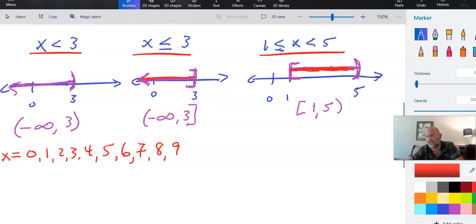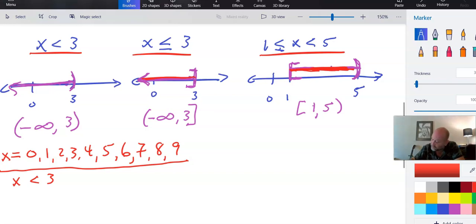This list doesn't have to be everything from 0 to 9. You could have 10s in there, you could have other stuff, but this is just what I'm picking for this particular example. And what that means is the only things that are allowed to be answers are things that are on this list. So when I look at x is less than 3, the question is, which one of these x's is less than 3?